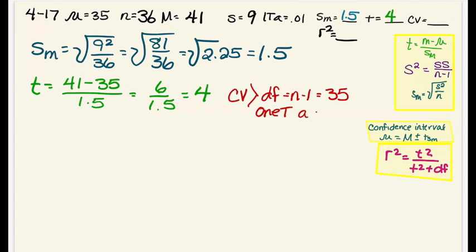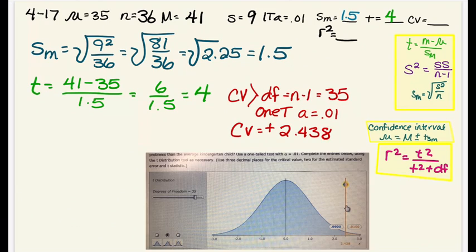And we'll choose a one tail with an alpha level of 0.01, which means that 99% of the values will be in the body and 1% will be in the extreme tail. When we move our slider over, this gives us a critical value of 2.438.